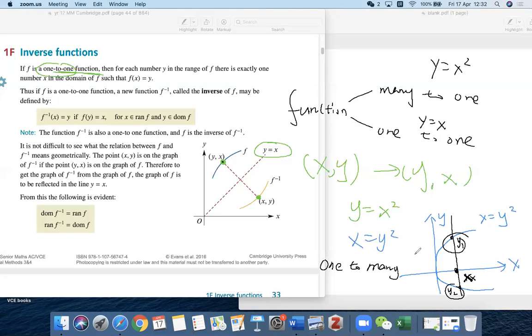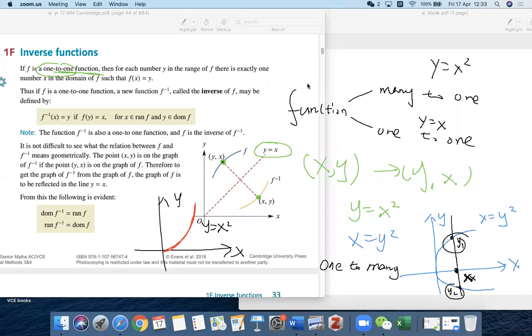That's why a many-to-one function never has an inverse function, unless we restrict the domain. We only take part of the function. For example, here we have x and y, and this is y equals x squared, but I could take either the right side or the left-hand side.